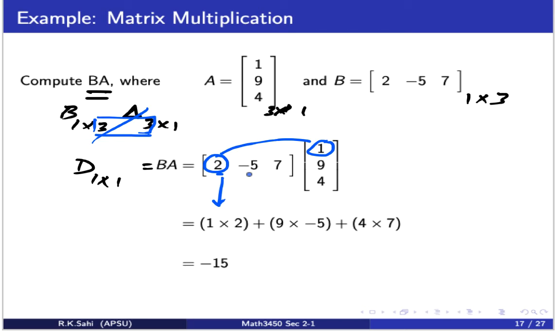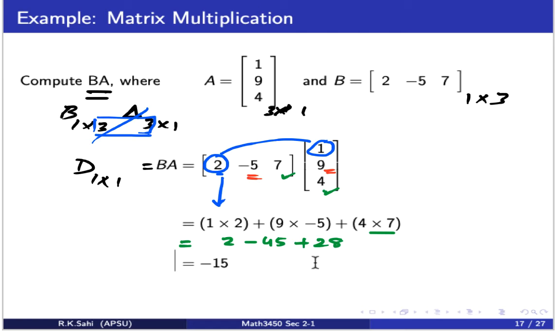We multiply minus 5 with 9. And then the last one is 7 with 4. So you multiply 7 with 4, 9 with minus 5, and then you have a plus sign in between. So what do you get? 2 minus 45 plus 28. The final answer, negative 15.